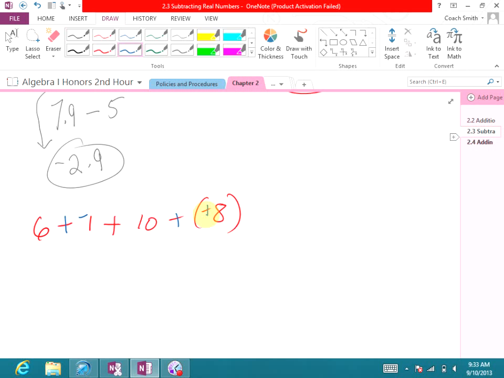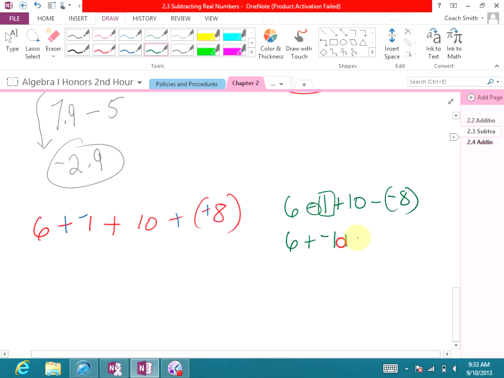Everybody understand the original problem was 6 minus 1 plus 10 minus negative 8. If I rewrite that problem, that's 6, change that to addition, do the opposite of 1, which is negative 1, plus 10, change that to addition, do the opposite of negative 8, which is 8. Instead of rewriting that problem, I changed that and that.